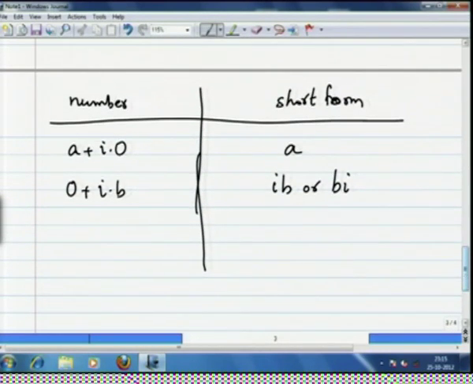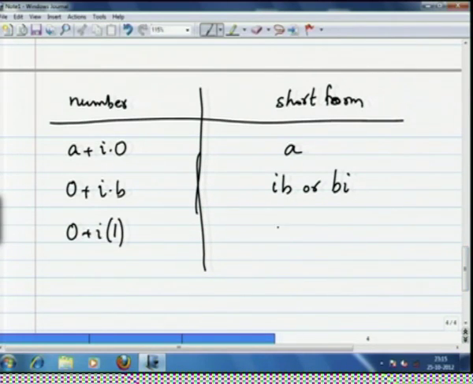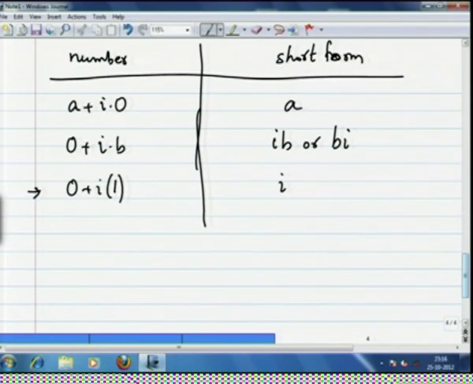And then 0 plus I times 1 is often written as I simply. This is a specific complex number. So, this is not a number of the form, but it is a specific complex number. I write it as I.